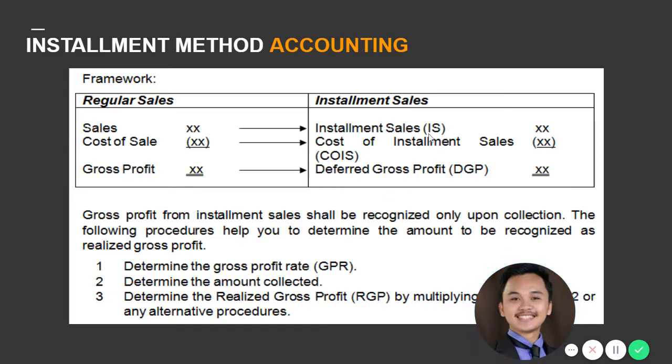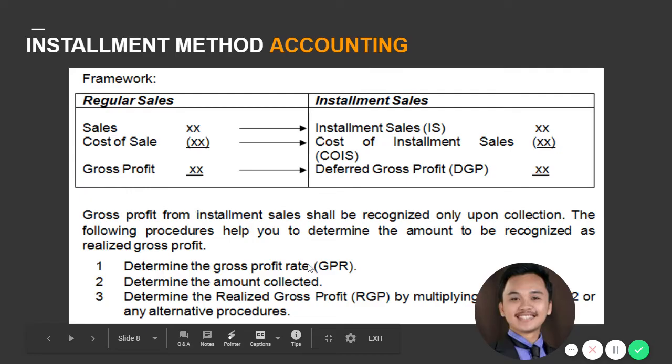So installment sales will be our counterpart for sales. Cost of installment sales will also be the counterpart of our cost of sales. So gross profit from installment sales shall be recognized only upon collection. The following procedures will help us determine the amount to be recognized as gross profit. First, we need to determine the gross profit rate.